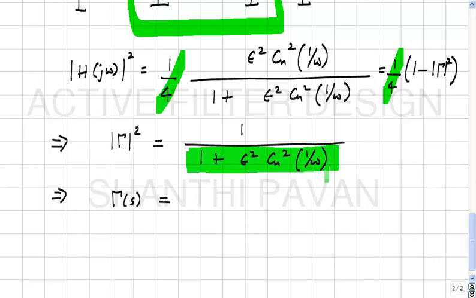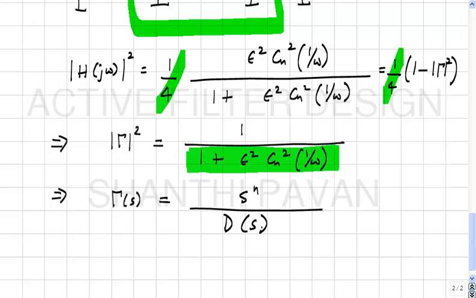You multiply the numerator and denominator by S to the power n. So, what will you get in the numerator? You will get S power n divided by d of S.